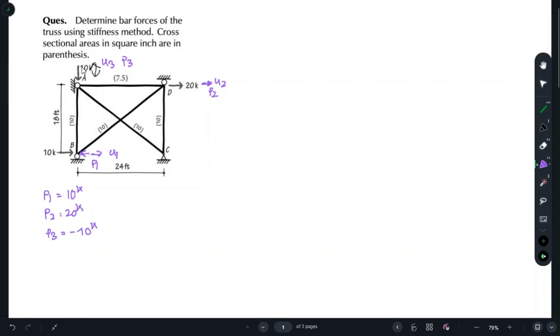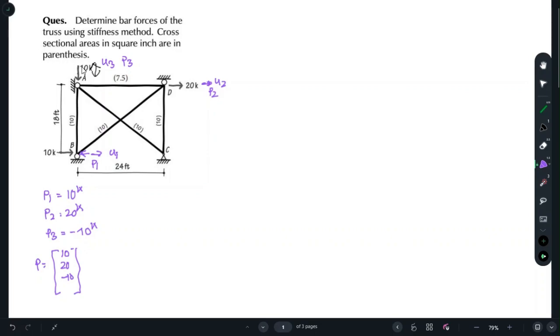If you form a matrix, the matrix for P would be something like that: 10, 20, minus 10. So the loading matrix is formed. The ultimate thing of this method is to find out the displacements U1, U2, and U3.